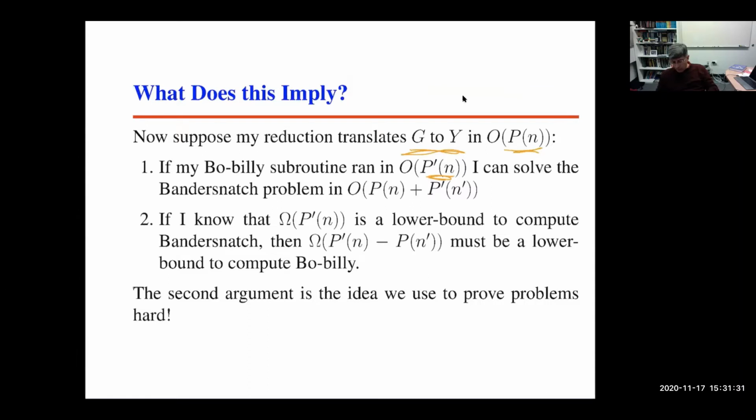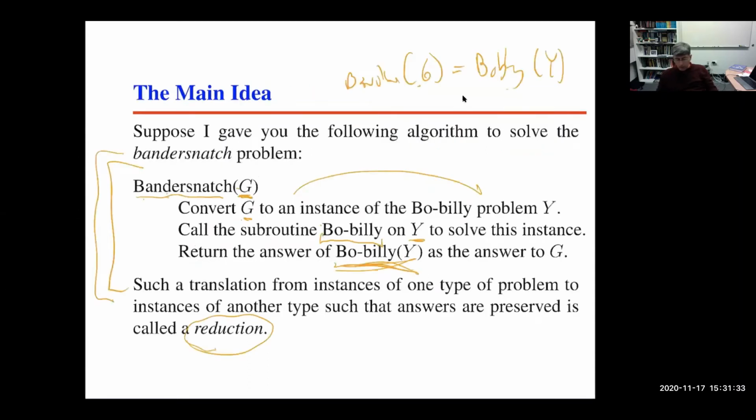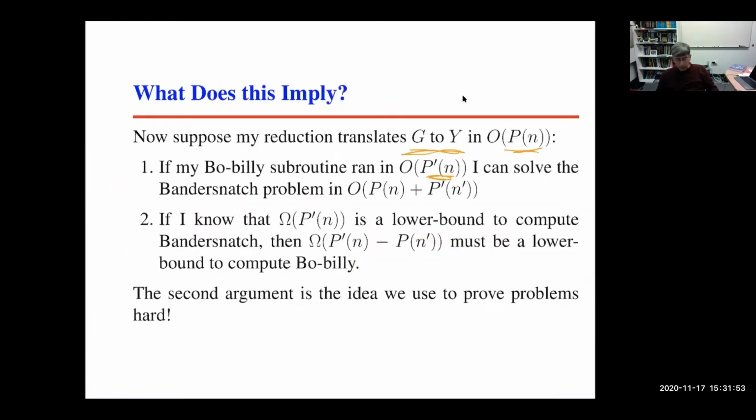If we go back to my Bandersnatch algorithm, if translating took p(n) time, and the mobility solver took p'(n) time, returning the answer took just constant time, this would give me a p(n) plus p'(n) algorithm for solving Bandersnatch. So if mobility is fast, then this algorithm gives you a fast Bandersnatch.